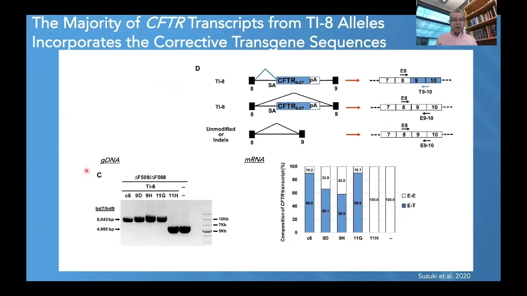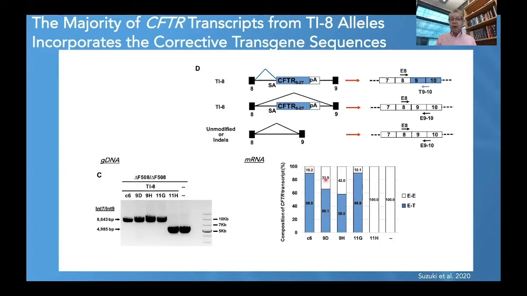So what we did is we developed, in this case, 4 single-cell derived clones. All of them proved to be homozygous for targeting into intron 8. And then we looked at the relative percentage from those clones of messenger RNA that was appropriately spliced into the transgene, here between 58% and perhaps 90%.